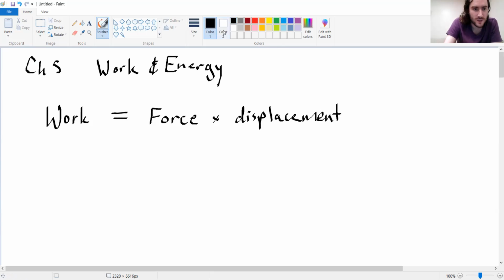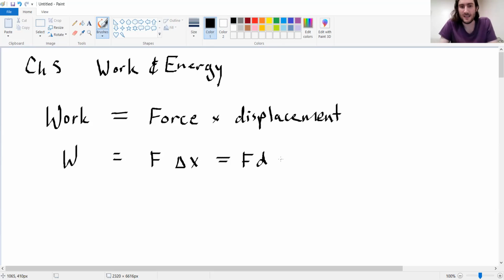For work, we use the symbol W. For force, we've been using the symbol F, right? And for displacement, we use delta x, although sometimes we'll see it written as F times d, where d is some distance that the object has traveled in one direction.